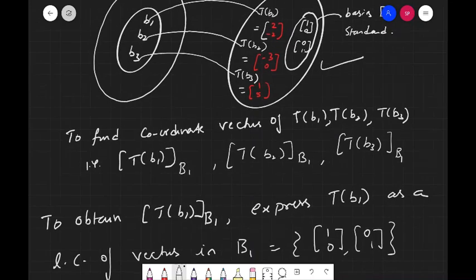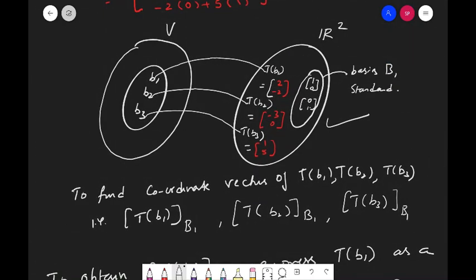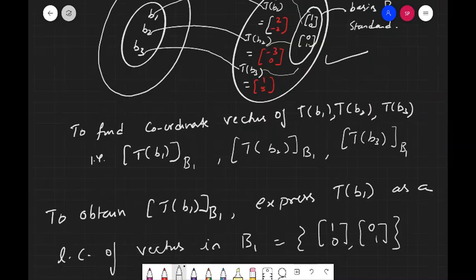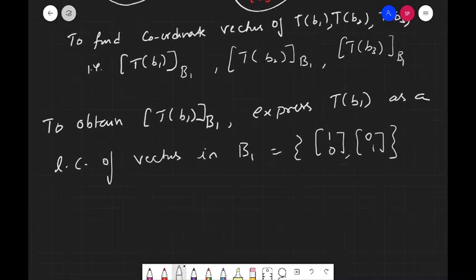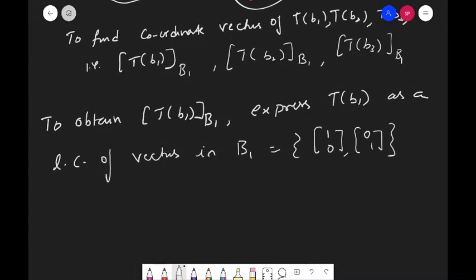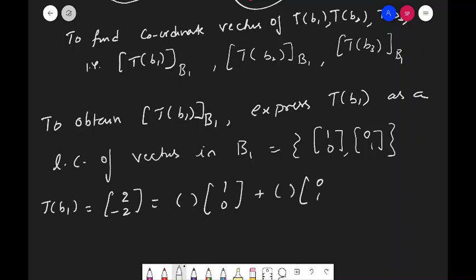You can understand this by this diagram. So T of b1, T of b2, T of b3 are in R2. So express each, T of b1 as a linear combination of these two, T of b2 as a linear combination of these two, T of b3 as a linear combination of this 1 0, 0 1. So I have to write T of b1, which I got as 2 minus 2, as a linear combination of 1 0 and 0 1.